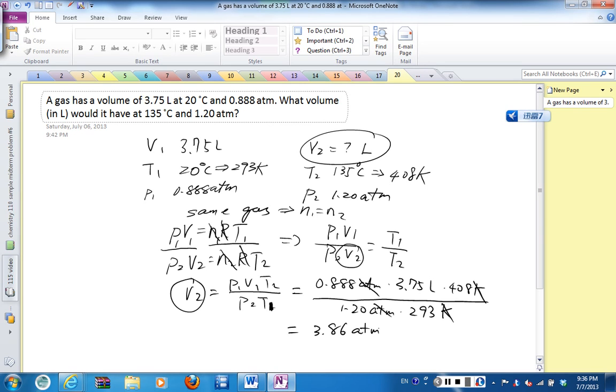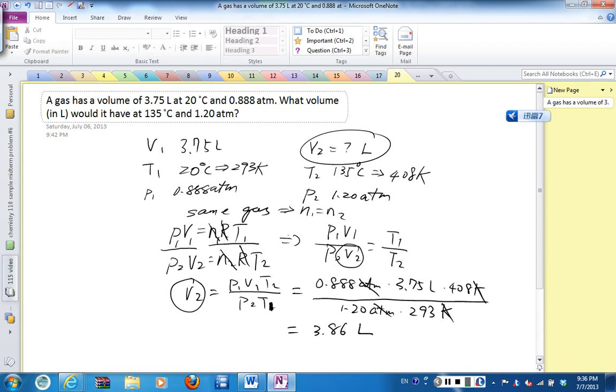3.86 liters. So under the new set of conditions, the same gas sample will be occupying 3.86 liters of volume.